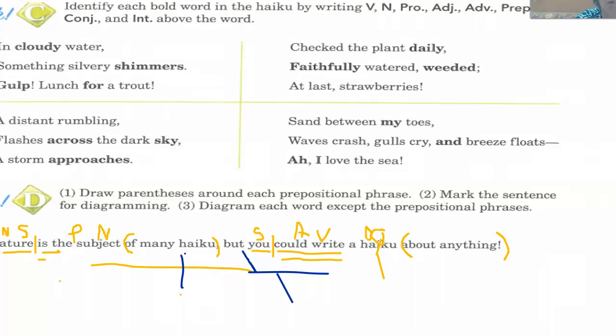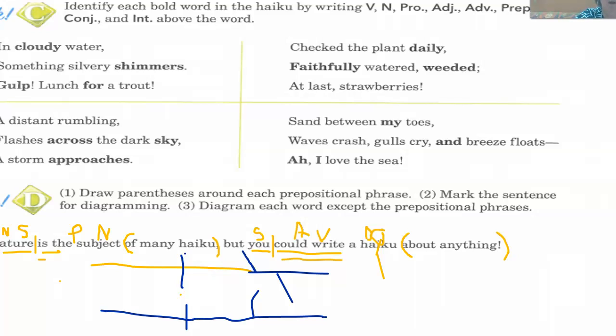So draw those lines. So at the bottom, we would have had a straight horizontal line and then one vertical line, one direct line. Now put the line where the adjective would be here.